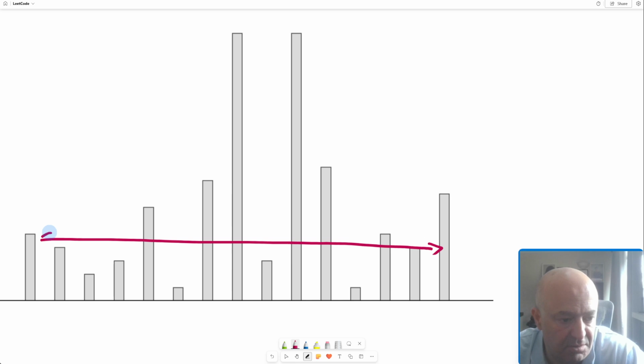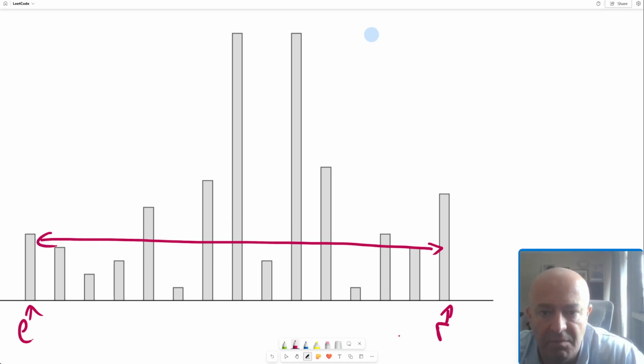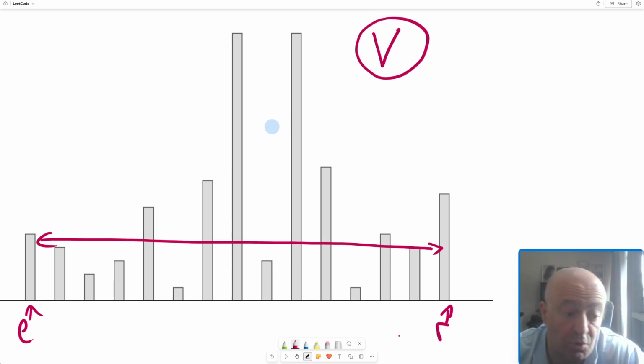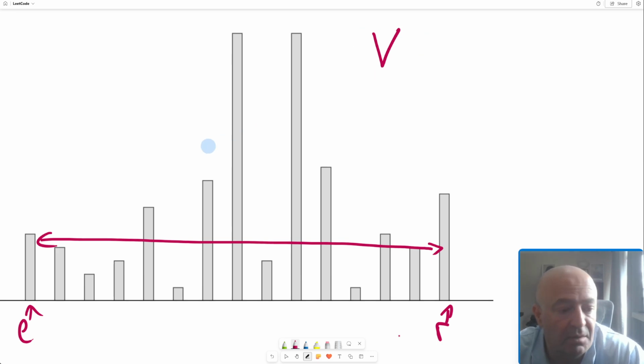Set left here and right here, and that would be our widest container. We can have its volume calculated, not hard, and we'll call this the best volume so far. Now, we're going to try to move these walls inwards.